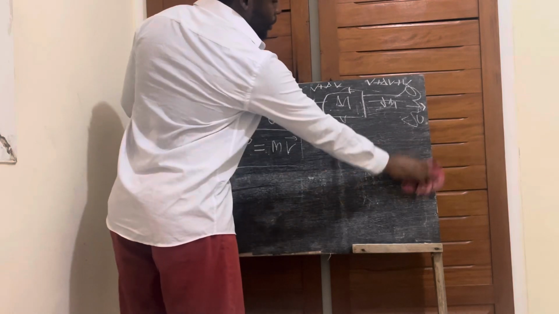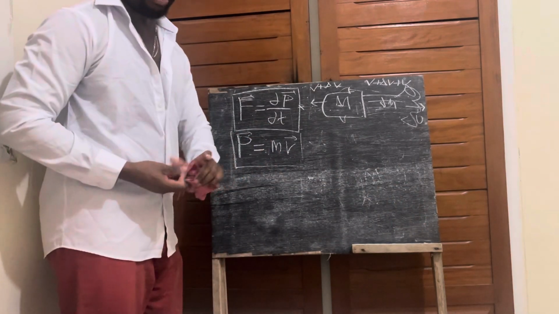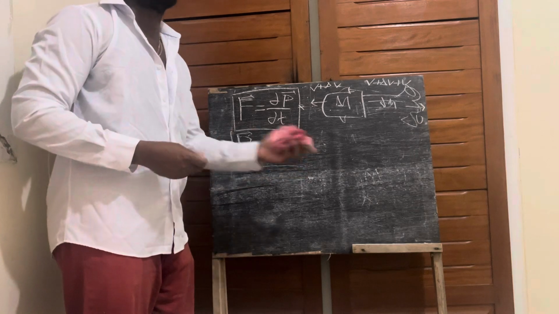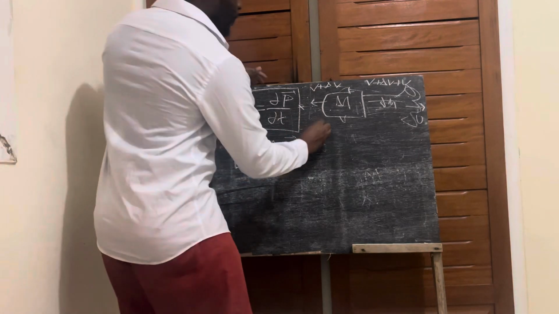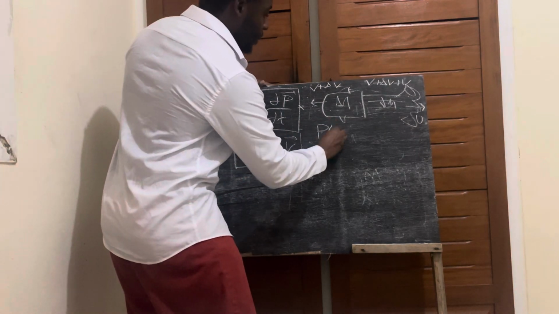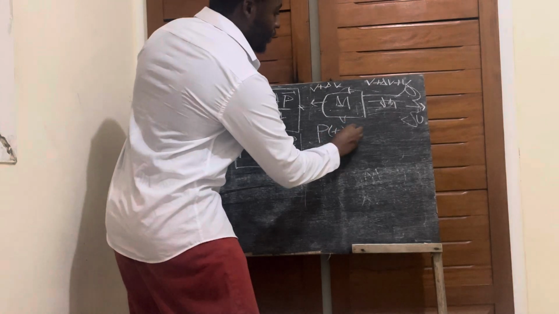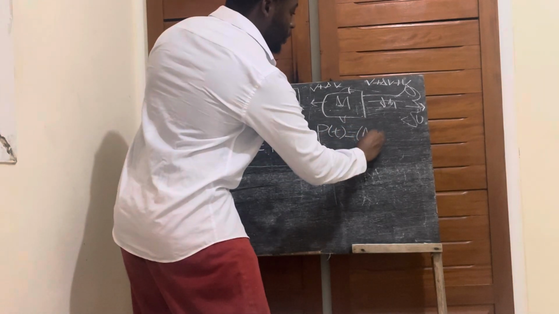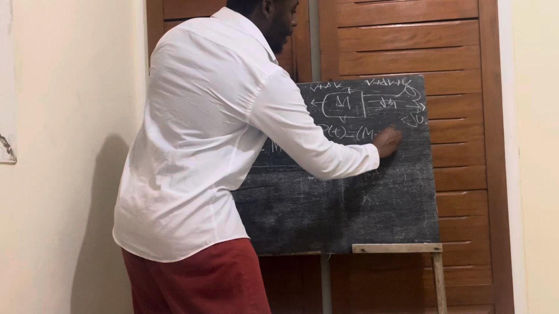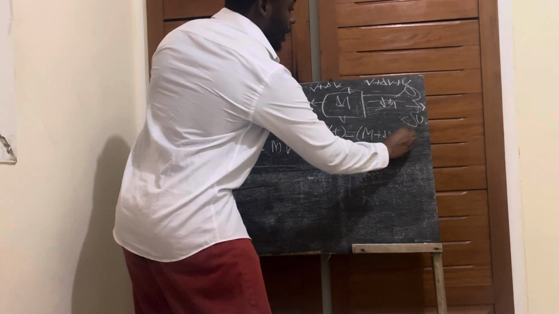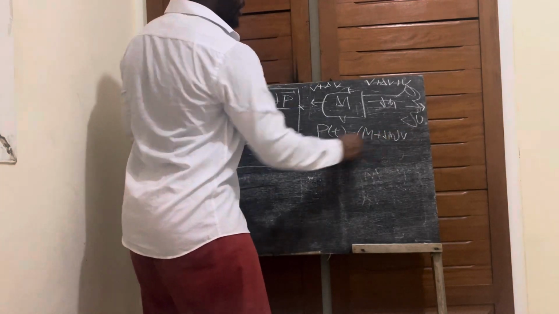And now we're going to think about momentum for both conditions, initial and final. Initially, at p of t, the momentum is given by the total mass, which is m plus dm, times v.